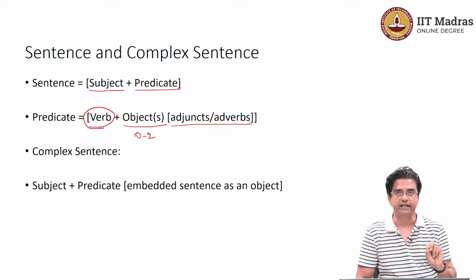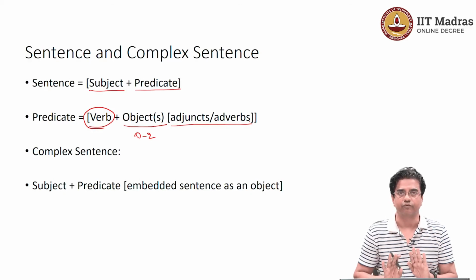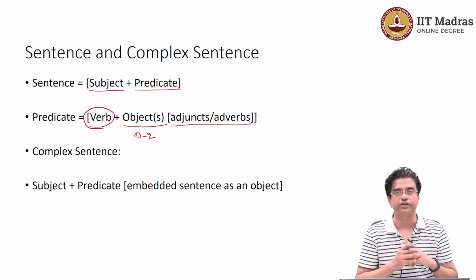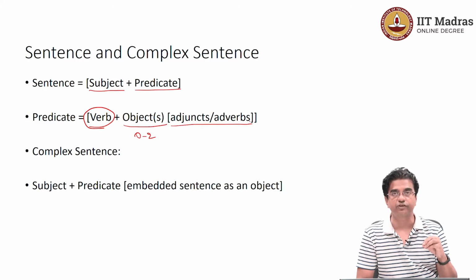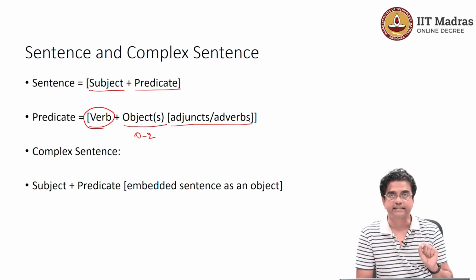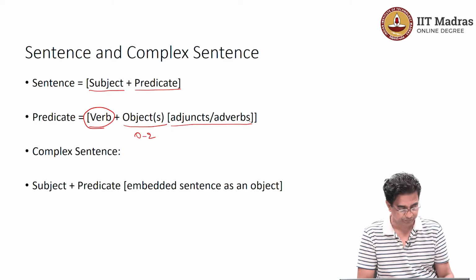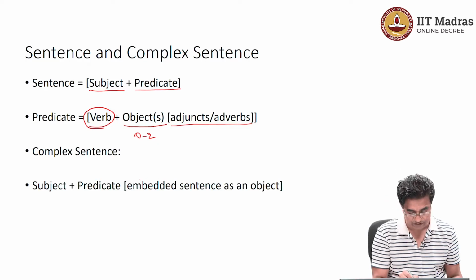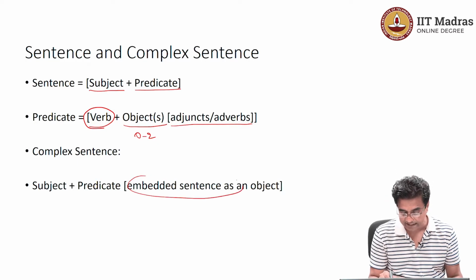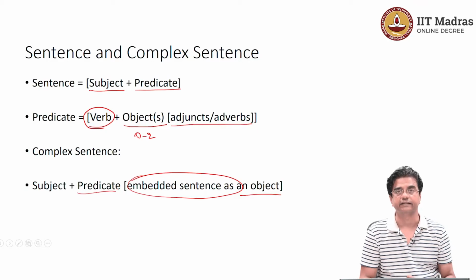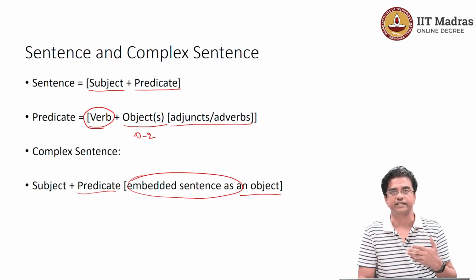So we can also say there are two parts, subjects and verbs. That makes a sentence a sentence. So the combination of subject and predicate, connecting the two with agreement, makes a sentence. When we have an embedded clause, when we have an additional sentence as an object of the verb in the predicate, that is the situation when the sentence becomes a complex one.